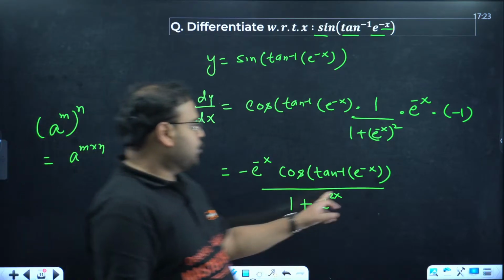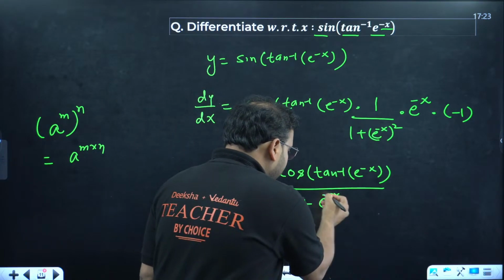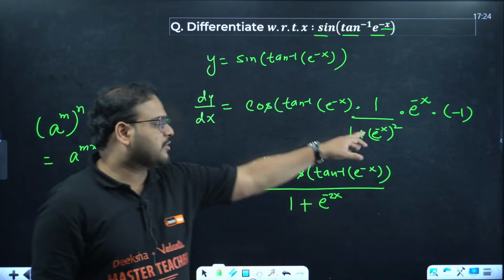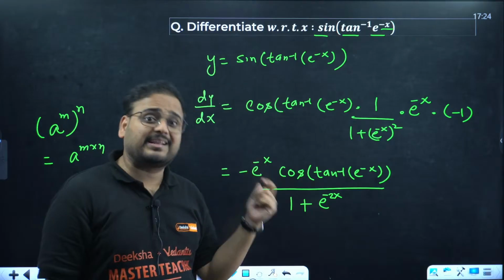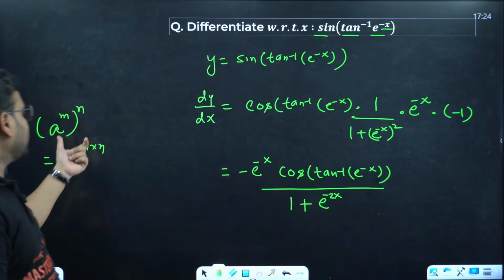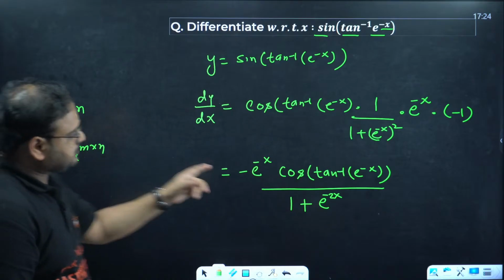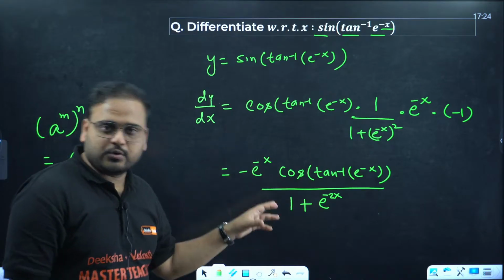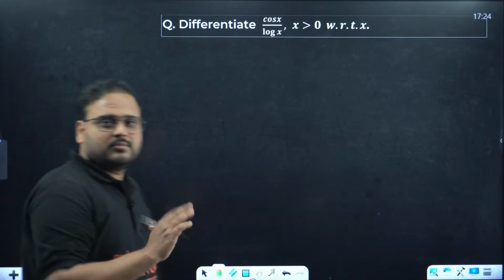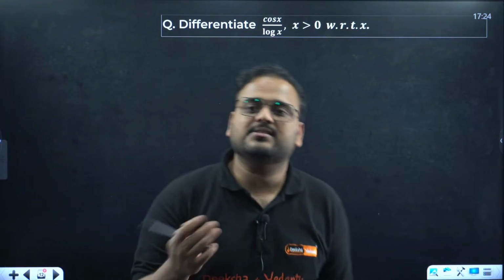So if you multiply 2 with minus x, the answer will be e power minus 2x. Usually our mind thinks in a way it's a whole square, so positive. And you'll have an option like that in the question and you'll lose marks over there. So please be careful. Properties are very important. This is the final answer. Chain rule question. Okay. Including, of course, exponential function derivative as well as log derivative.